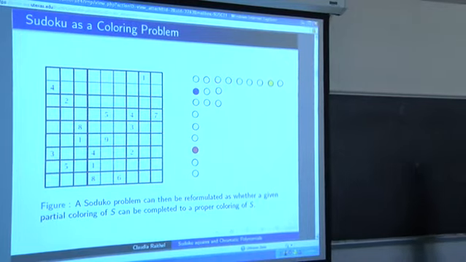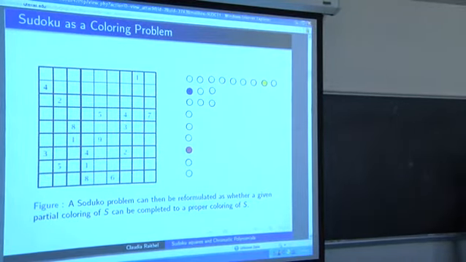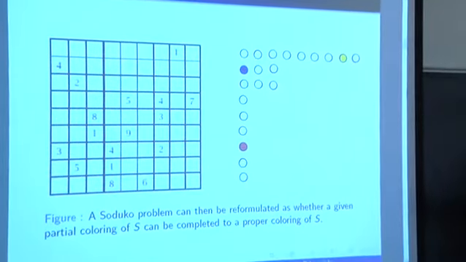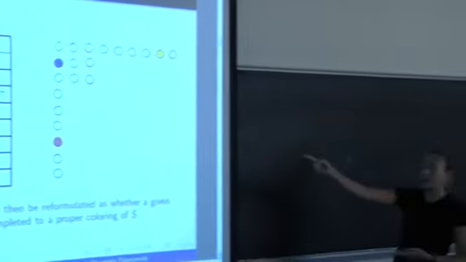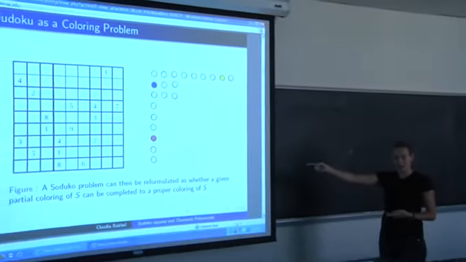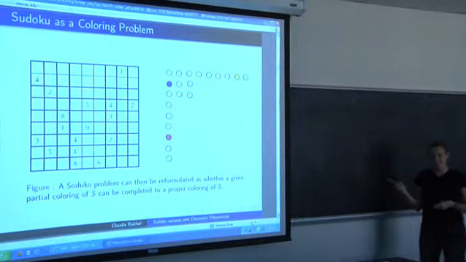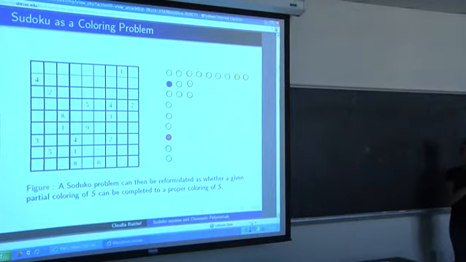Then the question of whether you can complete the Sudoku problem corresponds to whether you can find a proper coloring of the Sudoku graph that respects the partial coloring you've fixed. Does everybody understand that? Okay.